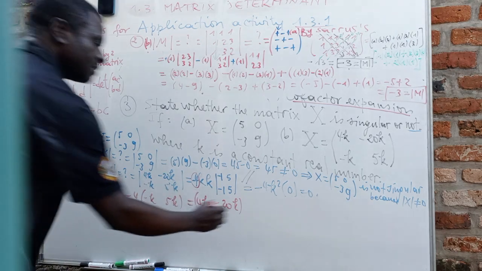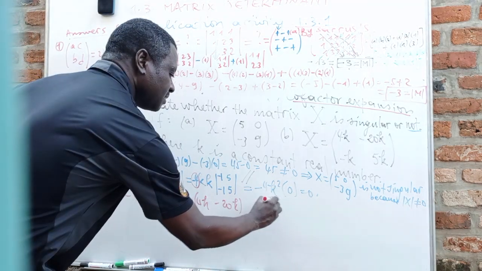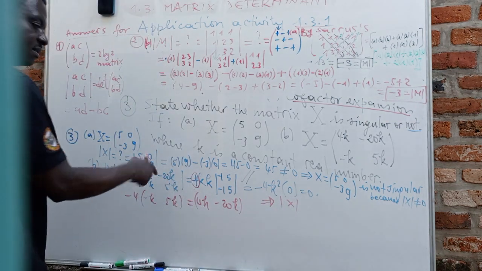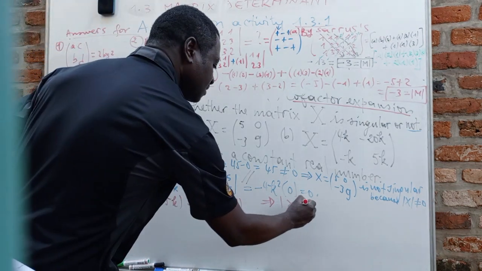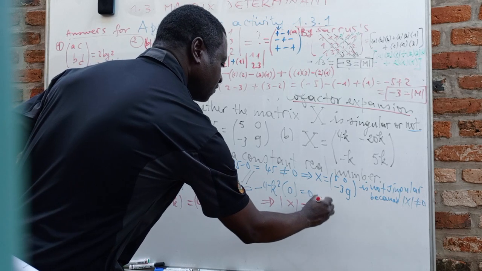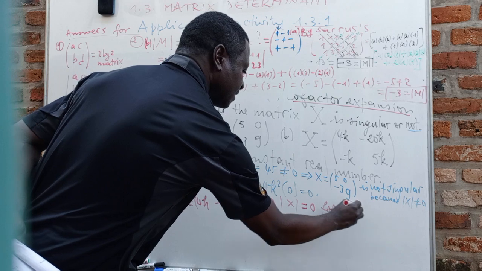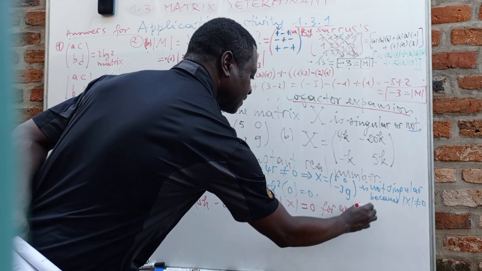What does it mean? It means that the determinant of X, including k, is equal to 0 for any real number k.